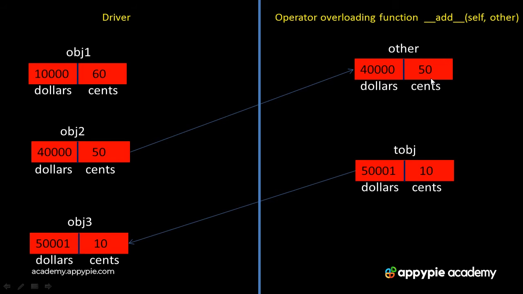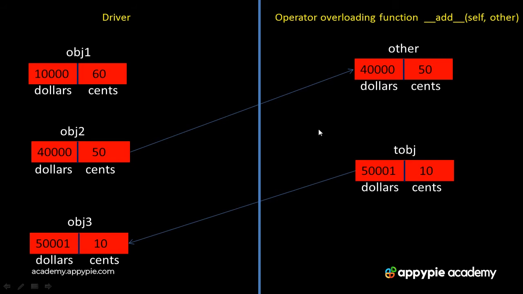So 60 plus 50 will become 110. But 110 cents does not make sense, because 100 cents will make $1 and the rest of the cents left will be 10. So I will add $1 to the total 50,000 and it will become $50,001, and 10 cents will remain after the deduction.